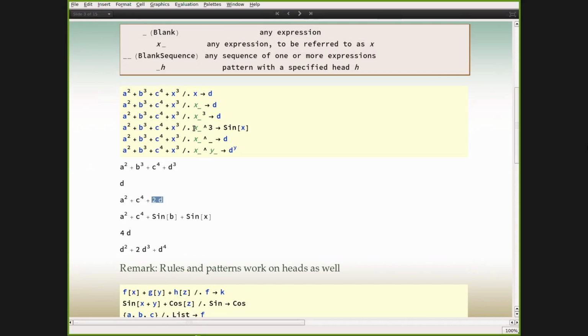And now I'm saying that I would like to have something to the power of 3 and replace it with sign of x. So I have this sign of b and sign of x, where x is just this local name which appears here. Here you have two different ways of introducing just the same.